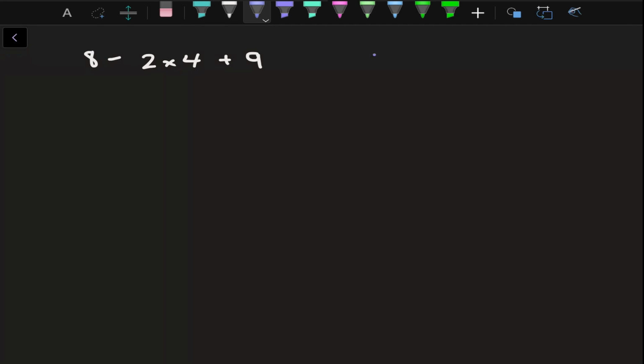So if I write over here BEDMAS, okay, so first I'm going to check for any brackets. There's no brackets in this one, so I'm going to leave that alone. There's no exponents, so we'll leave that one alone. We have no division. Oh, we have some multiplication. So we're going to end up doing 2 times 4 first. So what I can do is actually put it in brackets to remind myself that I'm doing that first.